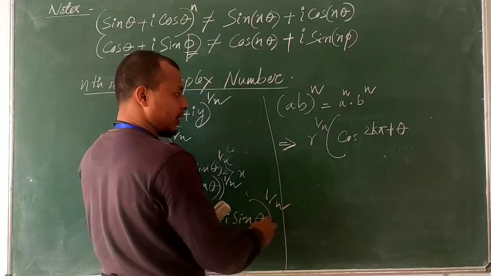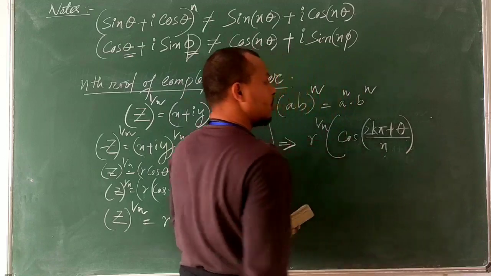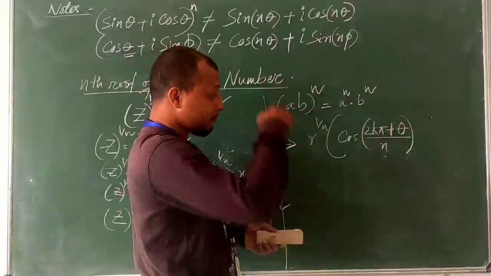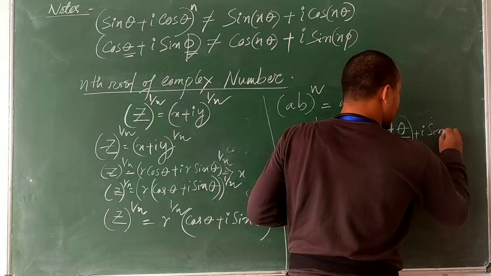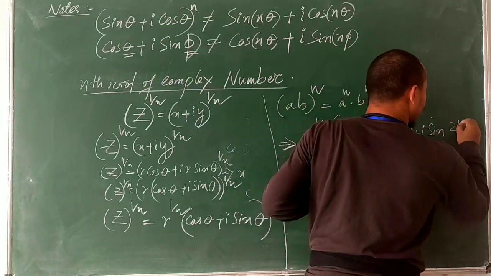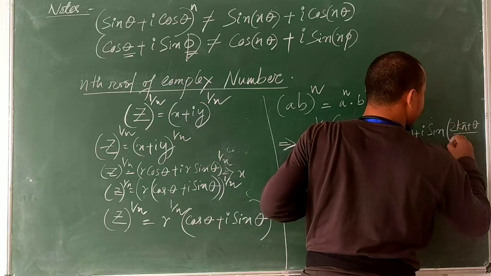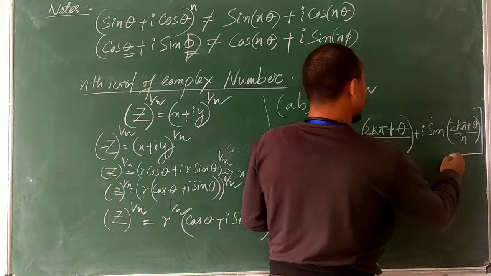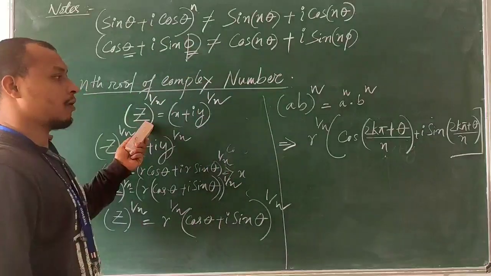Now this is our new angle. Plus i into sin of the same thing, 2k pi plus theta by n. Now this is the formula for the nth root of this complex number in polar form.